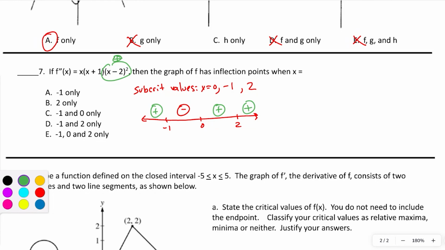So we're going to have an inflection point anytime f double prime changes sign. So we can see there's going to be 2, one at -1 and one at 0. So our answer is C.